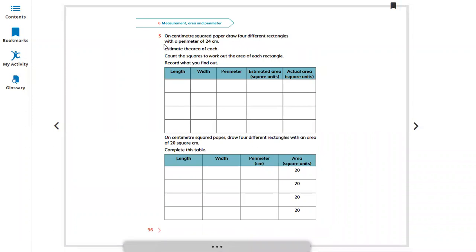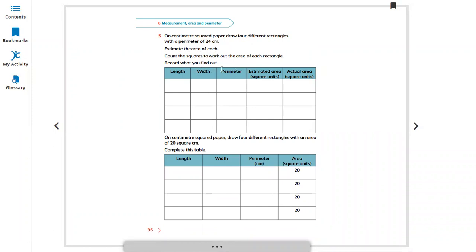Question number 5. On centimeter square paper, draw four different rectangles with a perimeter of 24 centimeters. Estimate the area of each. Count the squares to work out the area of each rectangle.